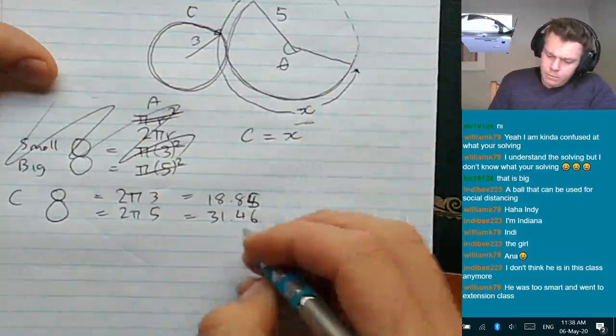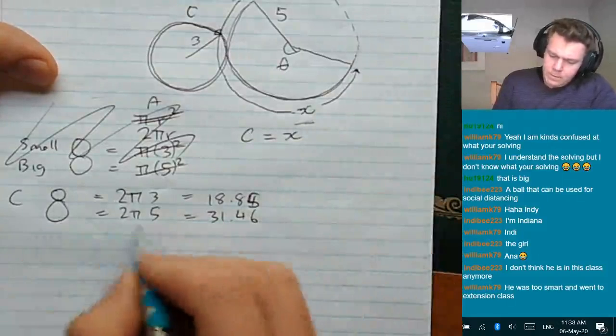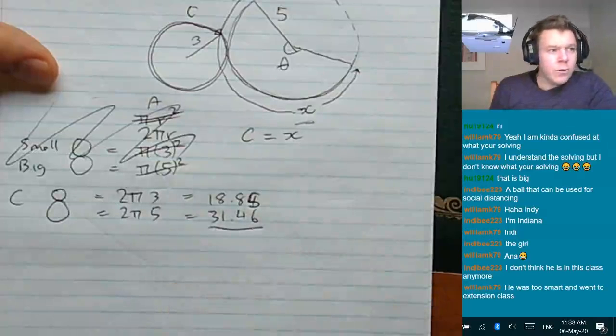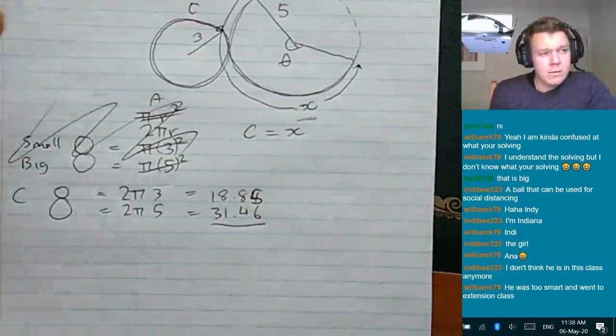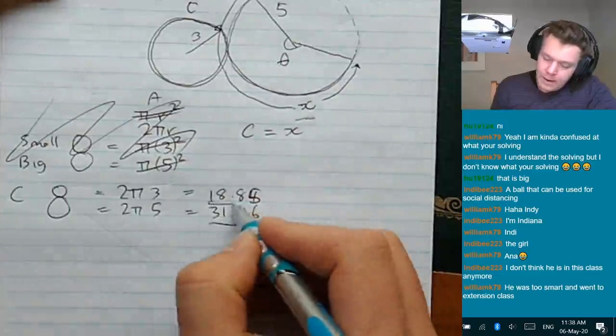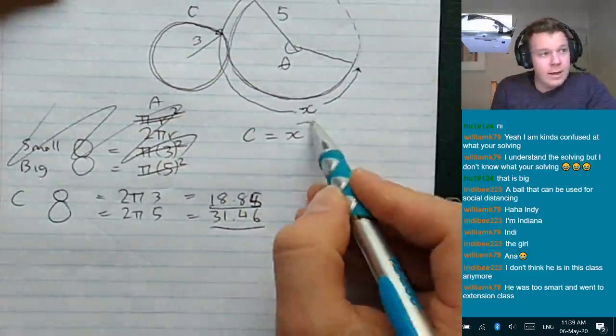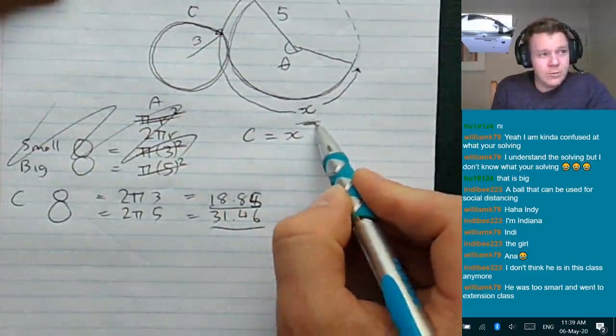Okay, so 31.46 is the whole way around the circle, and 18.85 is x, the distance around the circle.